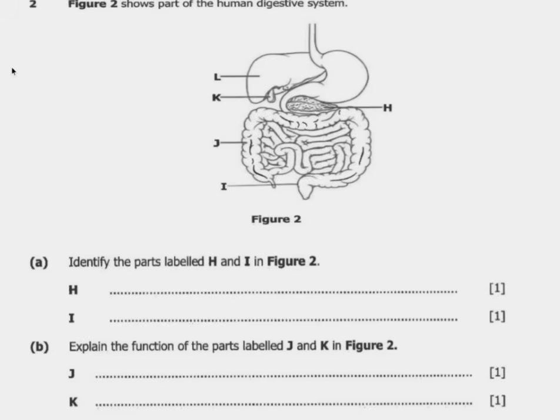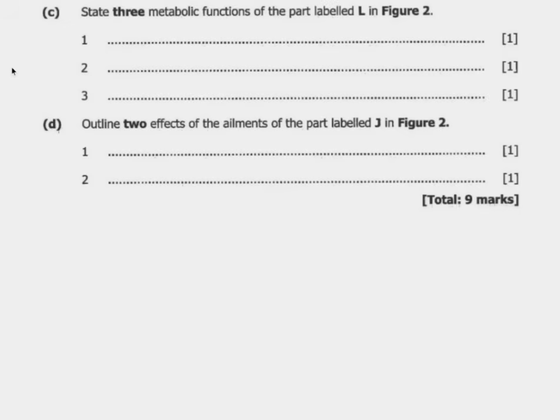So we have part labeled L, which is called the liver. So what are the metabolic functions of the liver? So the first one is production of bile, or bile production if you want. And where is this bile needed? It's needed in the emulsification of fats into droplets. Apart from that one, as bile production, you can talk of red blood cell production.